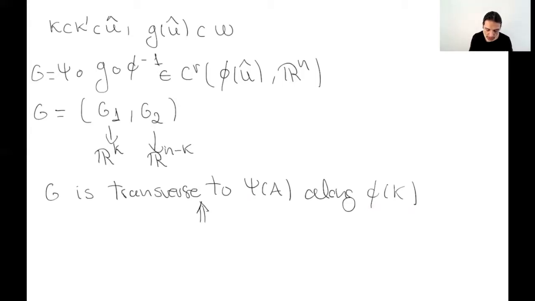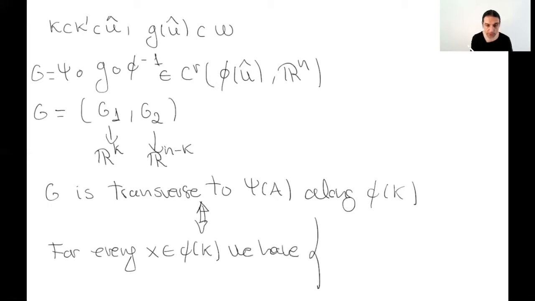And this is going to happen if and only if for every point X in the image of K, we have one of the following two possibilities. The image of A by psi is the set of points such that this second component is 0. So a possibility is that the image of X by G2 is different than 0.